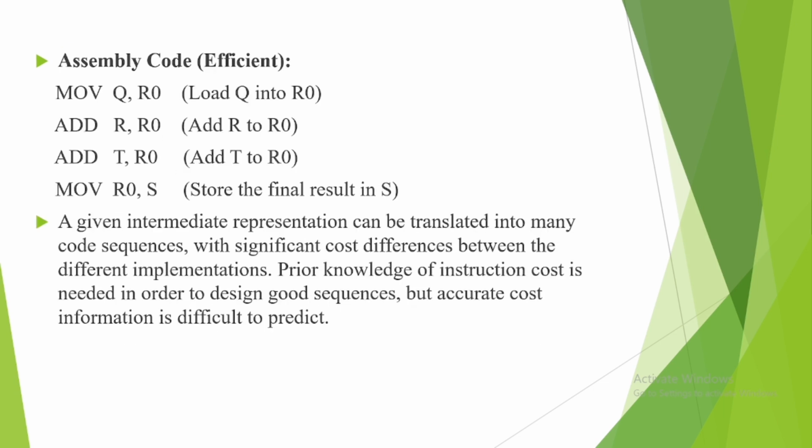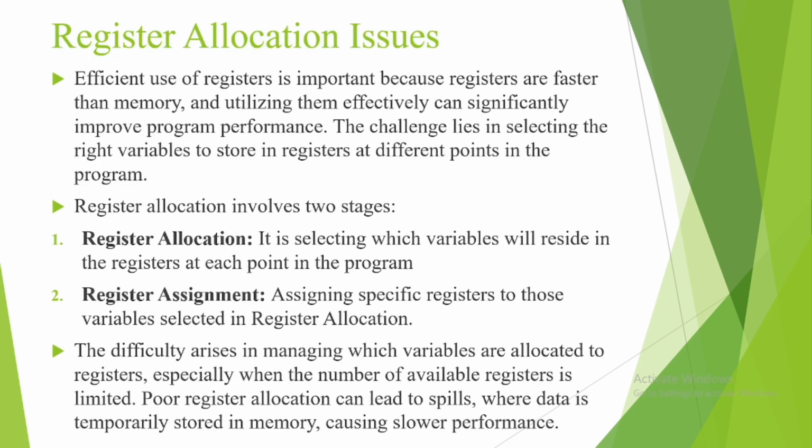A given intermediate representation can be translated into many code sequences, with significant cost differences between the different implementations. Prior knowledge of instruction cost is needed in order to design good sequences, but accurate cost information is difficult to predict.